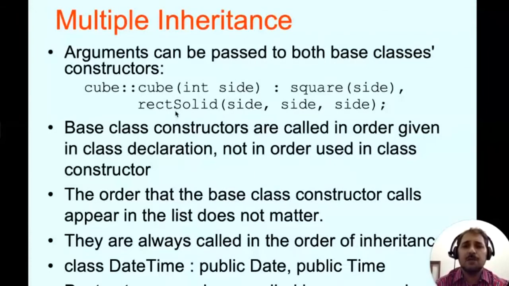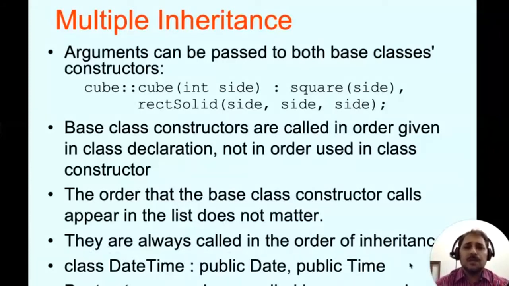If you have inherited the other way, first from solid rect and then from square, the constructors will be called in that order. Even if you write it like this, it still follows the inheritance order. So they are always called in the order of inheritance, and the way of writing doesn't matter.